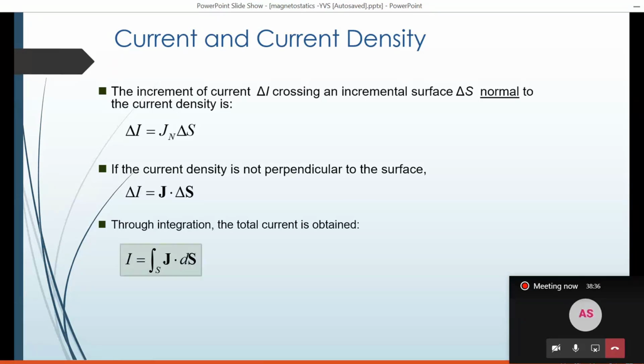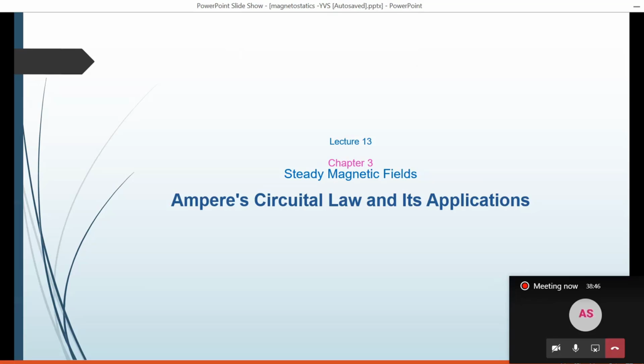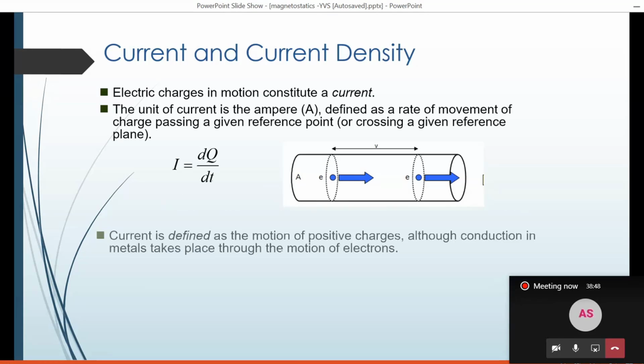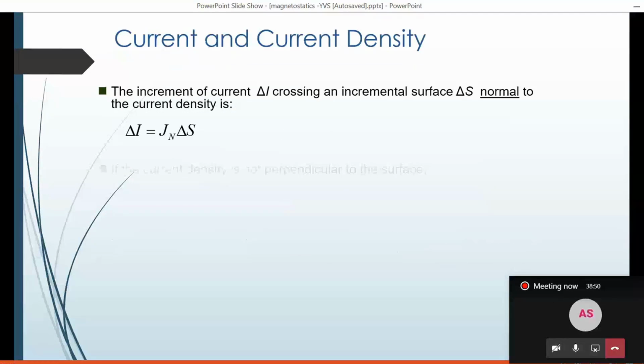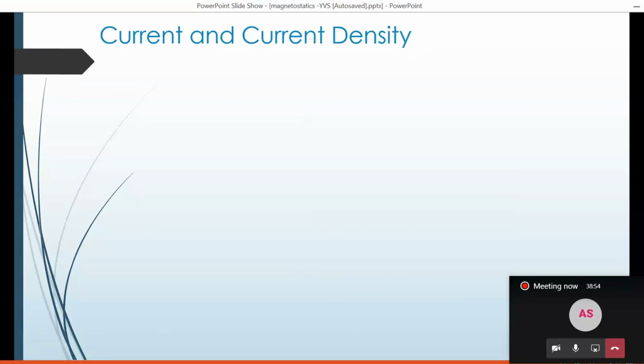Here this integration is not a closed integration, it is an open integration, the surface is open. We started with the initial I_D equal to dq by dt. So we have seen some parameters related to the current and the current density.